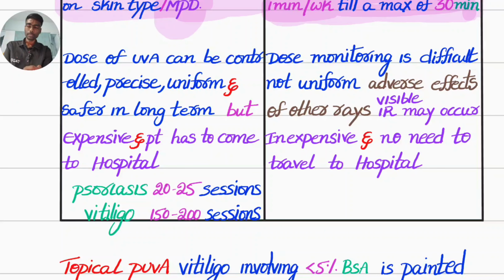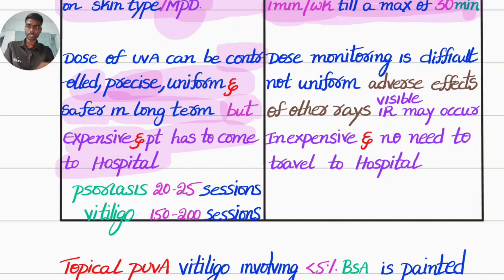Here in man-made UVA chambers, everything will be precise, perfect, controlled, uniform irradiation. So it will be safer for long term. Why? It is emitting only UVA. But it is expensive and patient has to come to hospital, obviously.